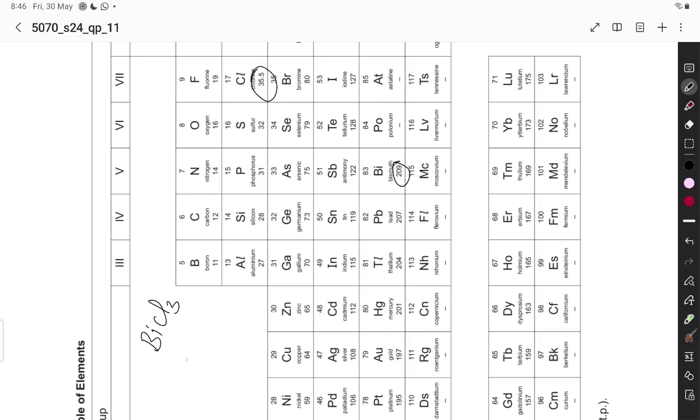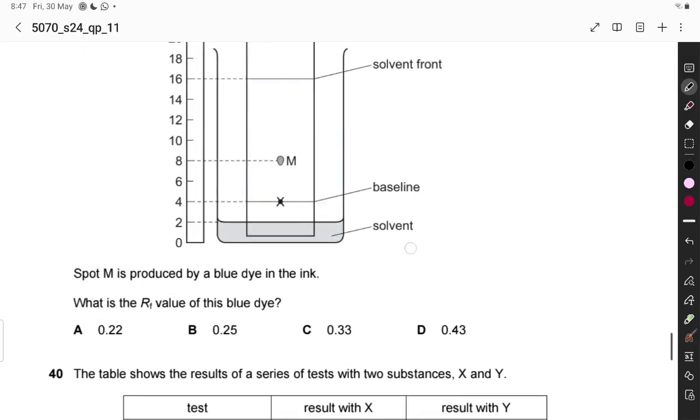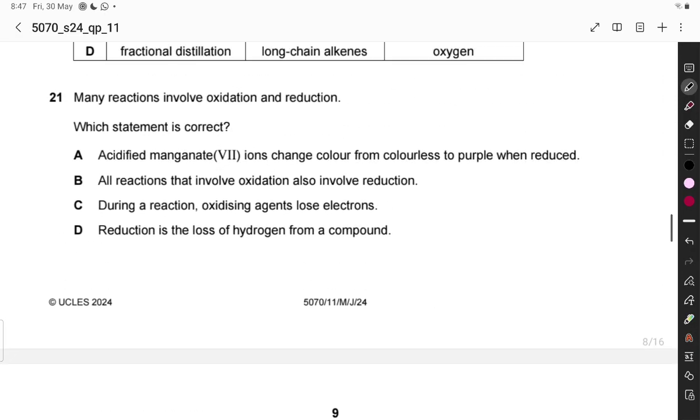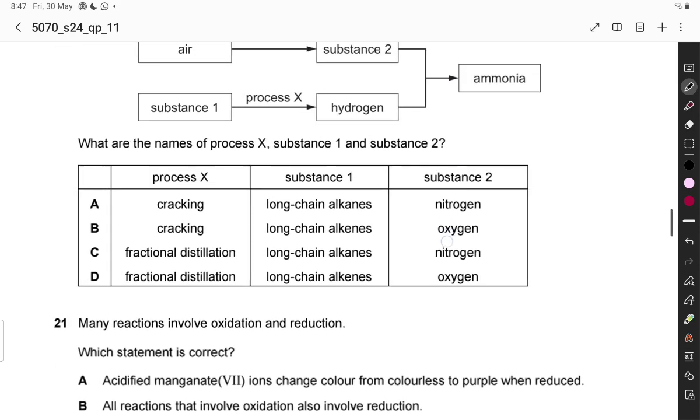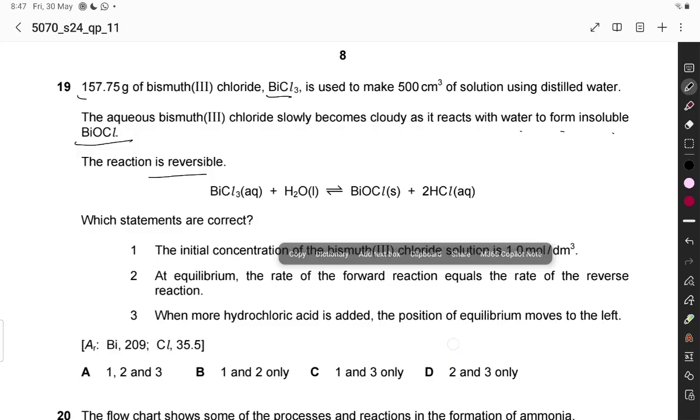So this is 209 plus 35.5 into 3, which is equal to 315. Now let's check. This is 315.5.